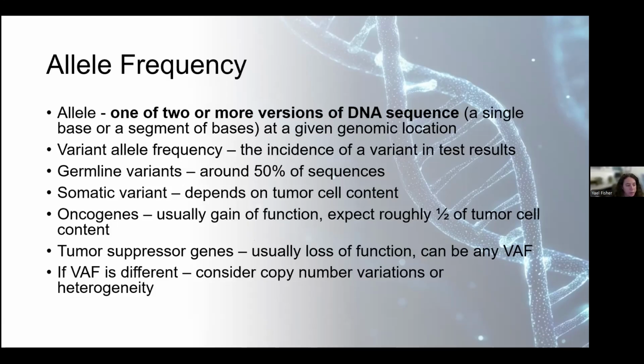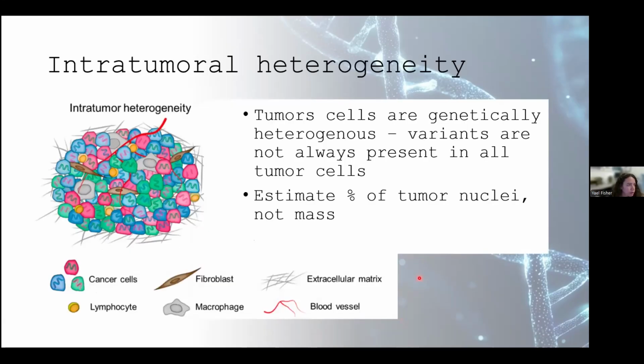When the VAF is different than what we expect, of course, we need to go back to our estimation and make sure that we estimated it correctly. But if we did, we should consider whether there are copy number variations or heterogeneity in the tumor that cause this different variant allele frequency.